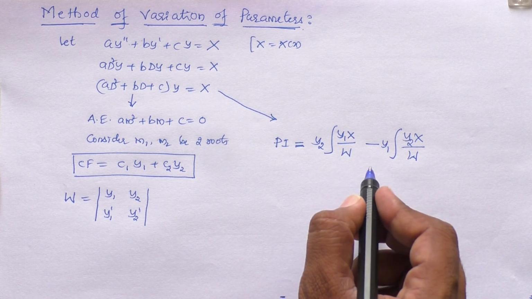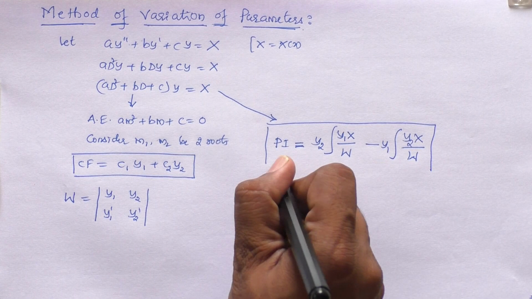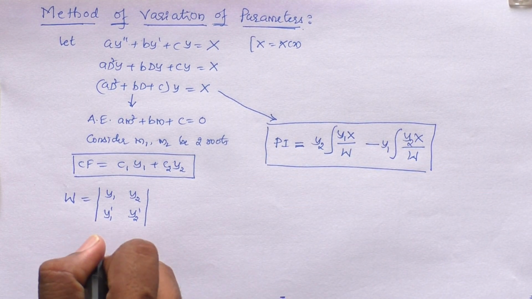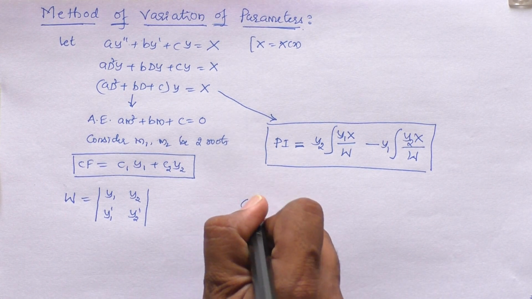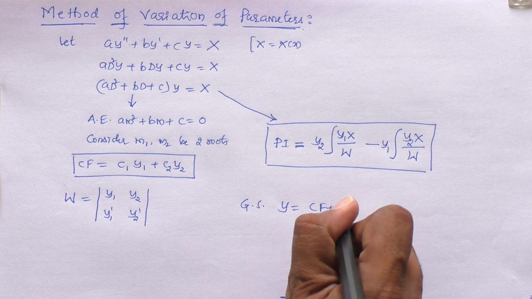Once you find the CF and PI, the final general solution is y equal to CF plus PI.